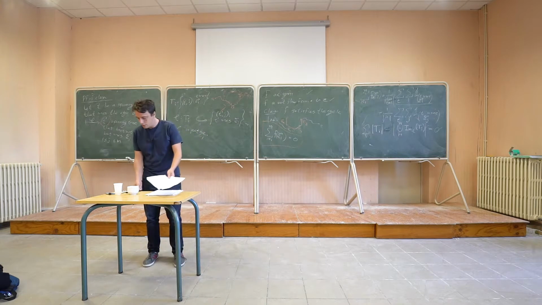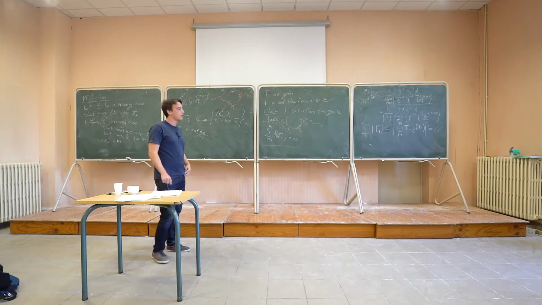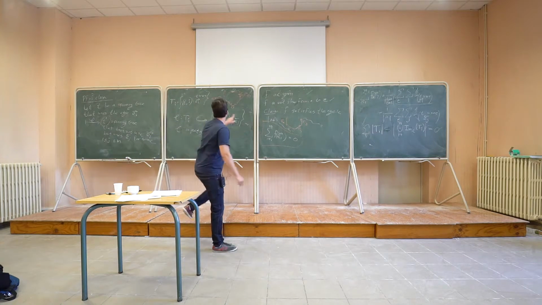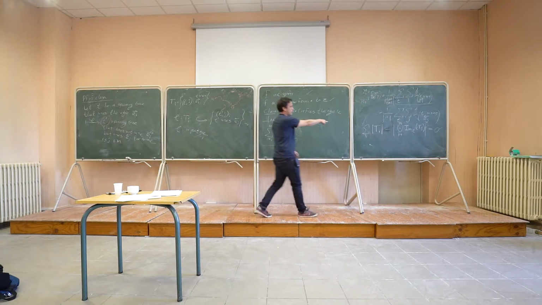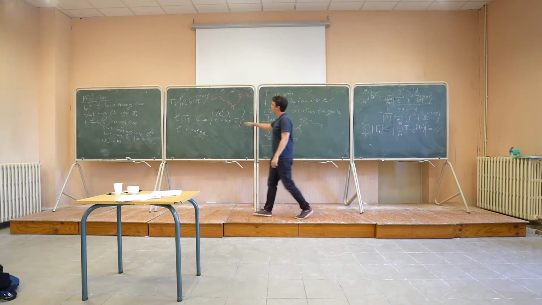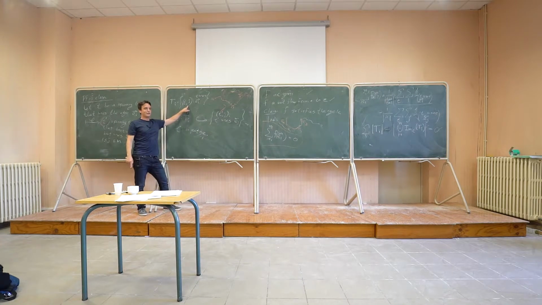Yes? So you claim that the union is disjoint? The union is disjoint, because I have here an i. That's why I took the pairs. So T_i and T_j have to be disjoint if i is different than j.